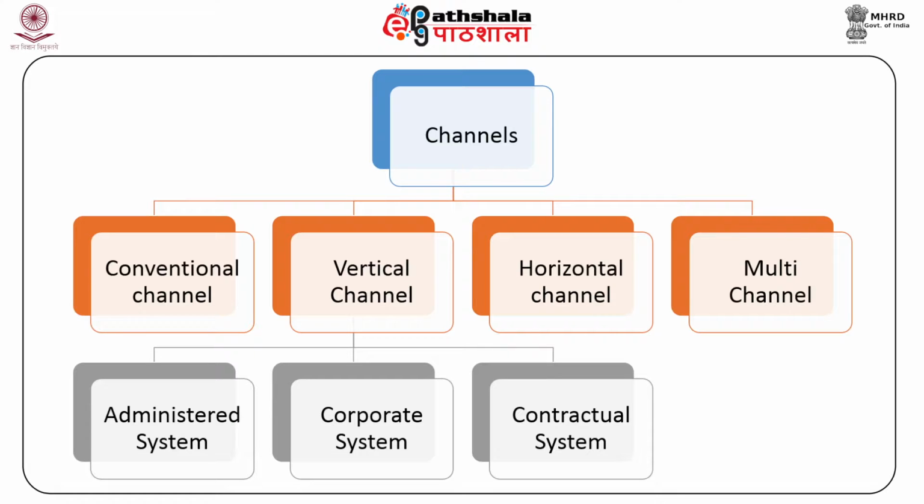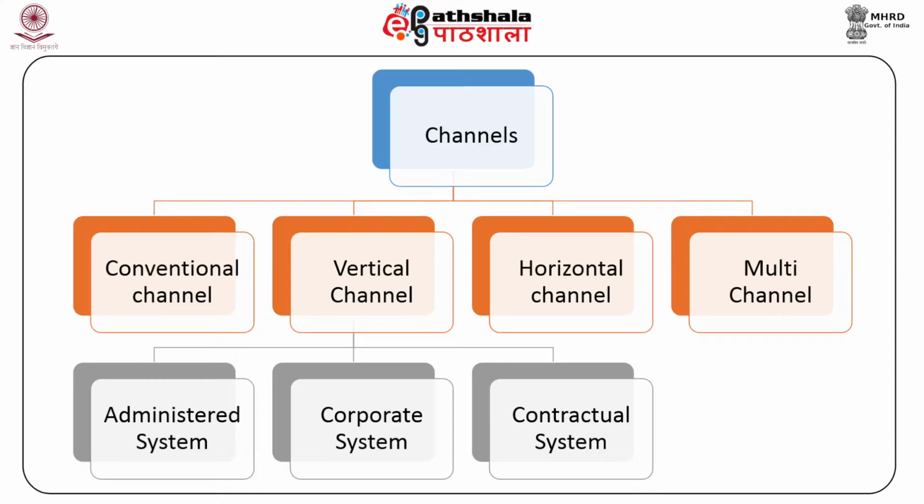Types of channels. 1. Conventional channels. In a conventional marketing channel, all intermediaries are separate businesses seeking to maximize their own benefits even at the cost of others. In this type of channel, each member works for his own profit and business, and they are not concerned with other members in the distribution process.